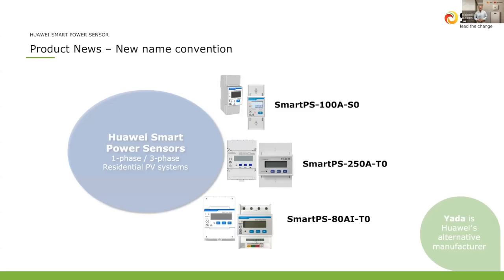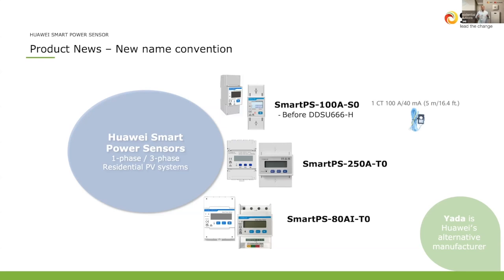Now coming to the product notification: the change coming from Huawei is that in our two scenarios, one phase and three phase, we now have a new naming convention. Starting with our Smart PS 100A S0, this smart power sensor is designed for single-phase scenarios. How do we know that it is for single phase?